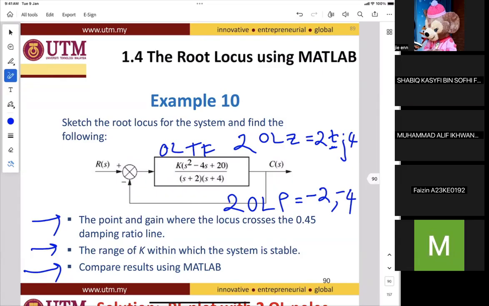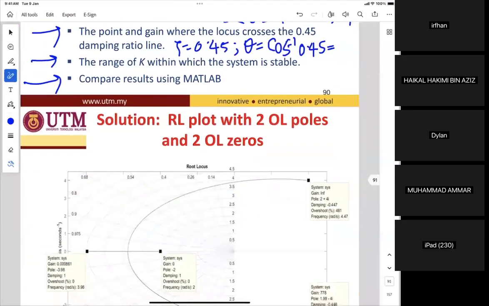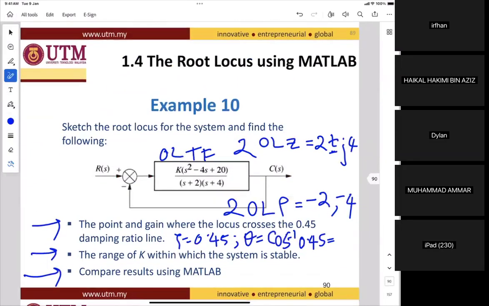Okay. So damping ratio zeta 0.45. Theta is equal to beta, equal to inverse cos 0.45, equals 63.26 degrees.